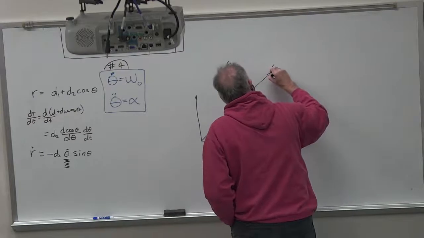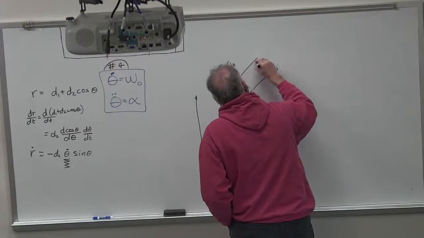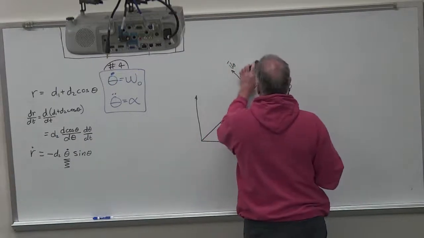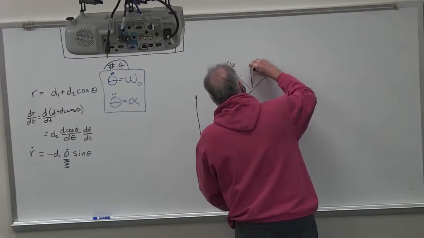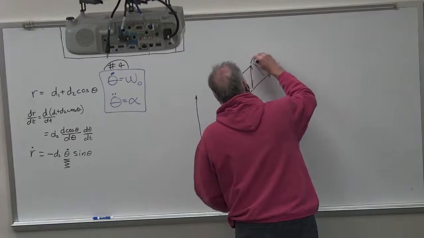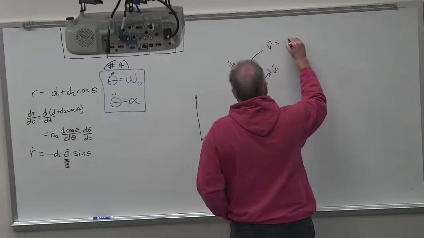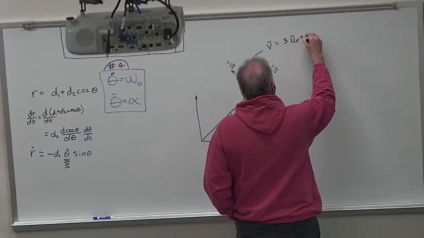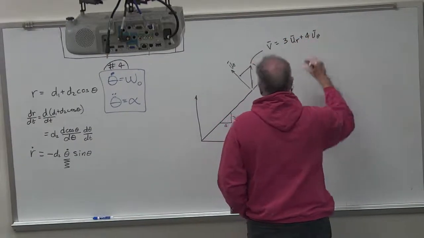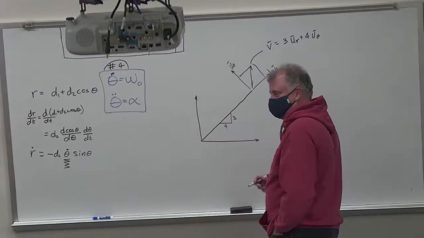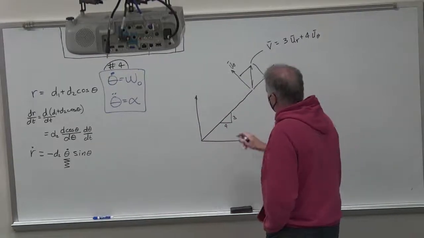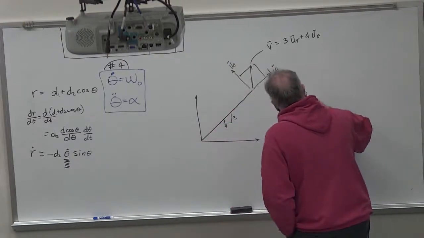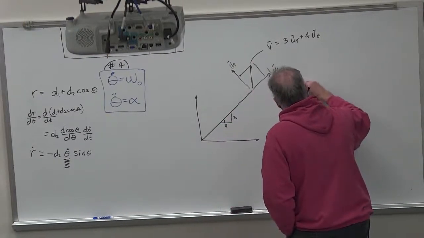And then you've got this vector sitting up here, V is equal to 3 U_r plus 4 U theta. You stare at it for a minute, thinking, okay, why did he do this? I need to find this angle. Then you work it all out, and you find out it's a vector pointing perfectly vertical.